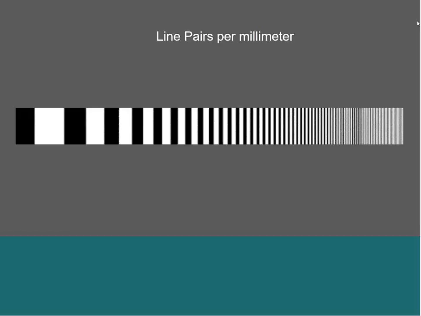Now, this is going to depend a lot on the intensity of the light and on the contrast. Basically, it is a measurement of contrast at a given line pairs per millimeter. The more line pairs per millimeter, the more contrast is required in order to detect the difference, or vice versa.